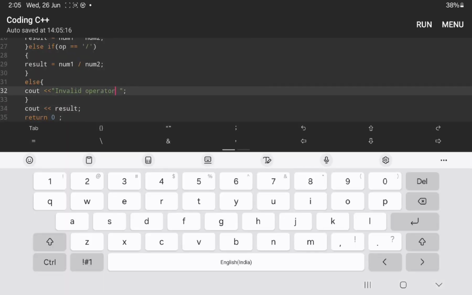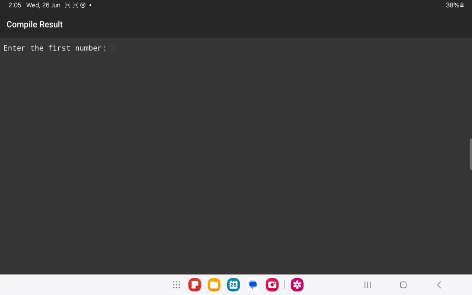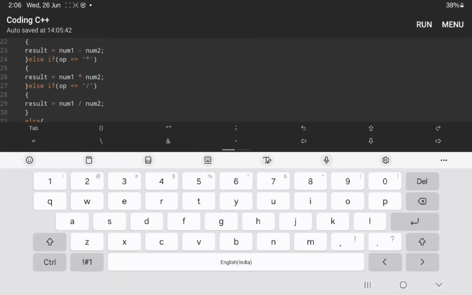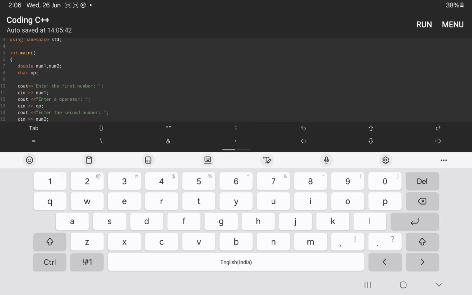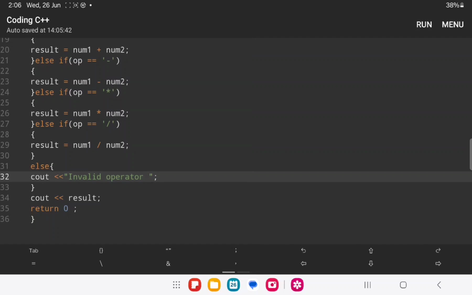I'm going to give a gap here, so then it's going to give a gap to 0. 23, capital S, 23, invalid operator 0. It's giving a gap. So this is a better calculator. It's user defined.